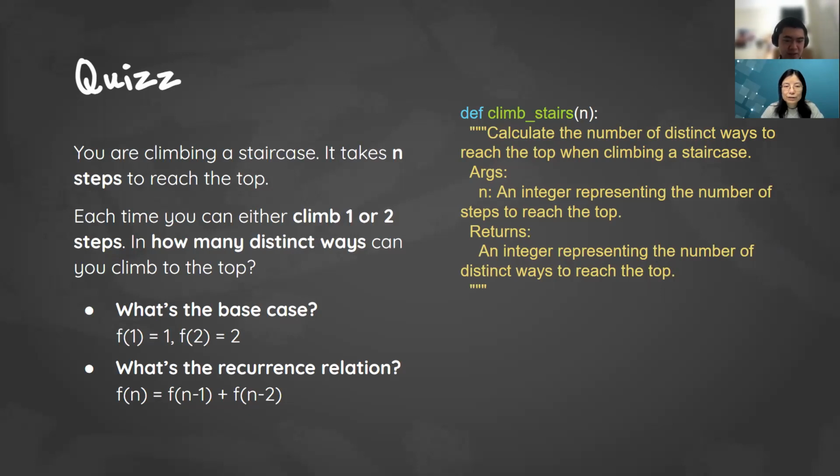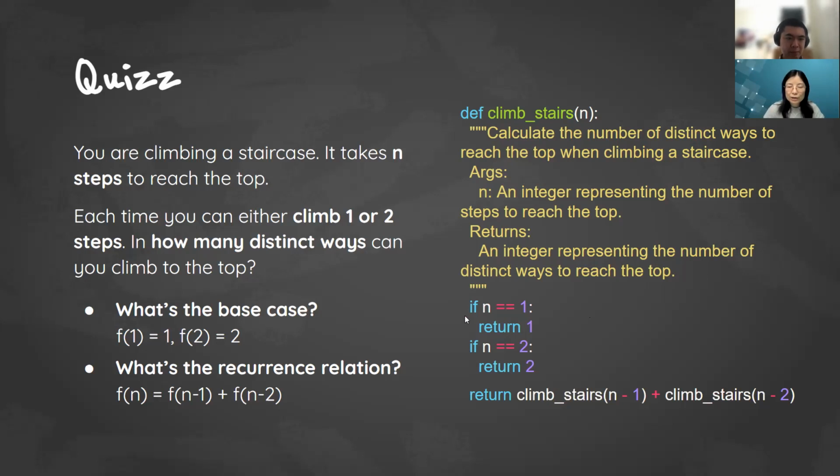We have the recurrence relationship: Fn equals F(n minus 1) plus F(n minus 2). So that's the climbing staircase. We can use this logic. That's the structure of the Python code we should use during the coding.